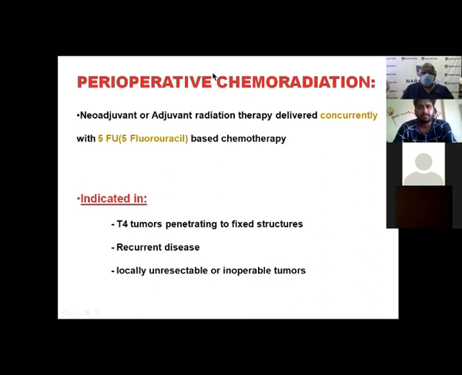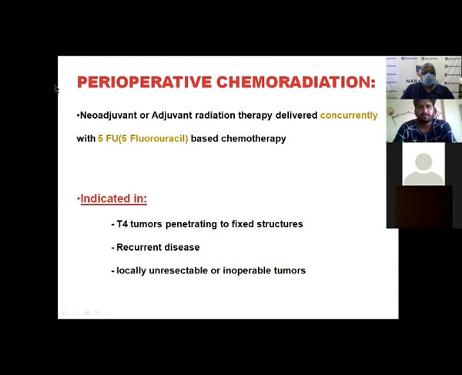But chemoradiation is a must for rectal diseases that are going into the pelvis. Neoadjuvant or adjuvant radiation therapy is delivered concurrently with 5-FU. But you must be careful with radiation. It is indicated in T4 tumors penetrating to fixed structures, recurrent disease, and locally unresectable or inoperable tumors.